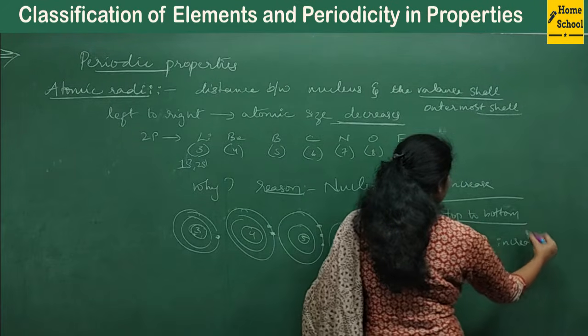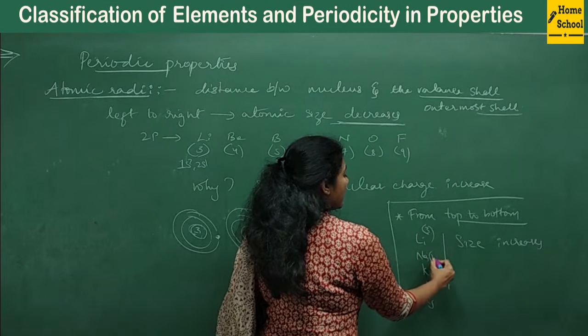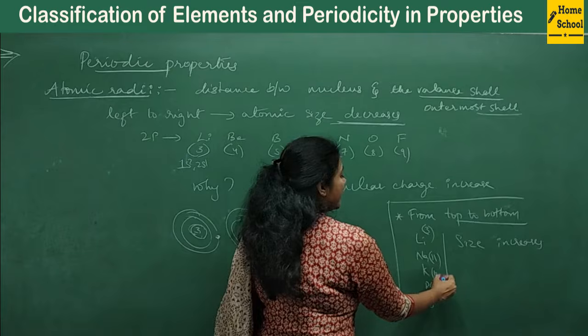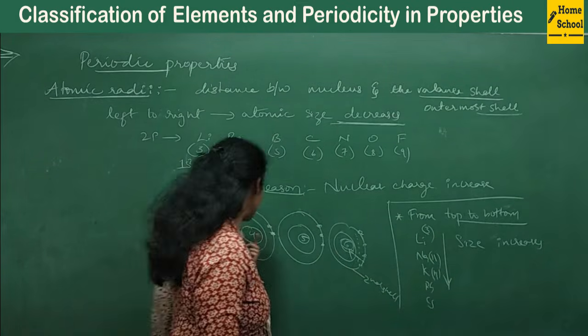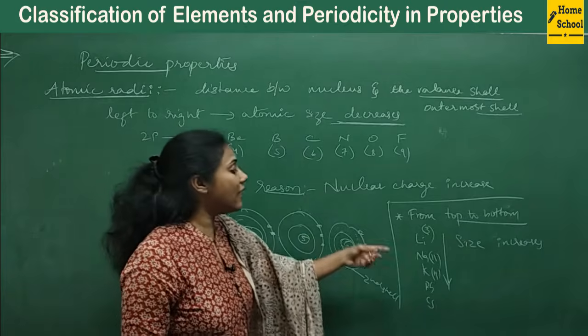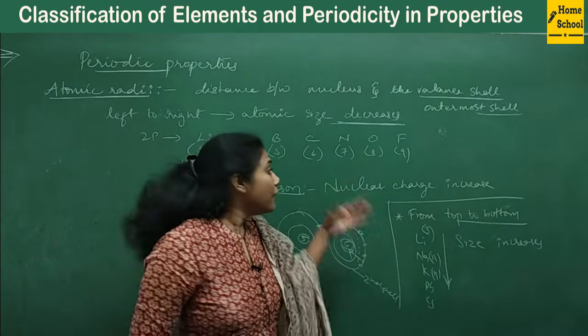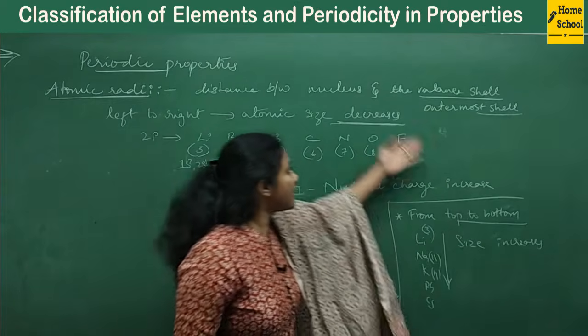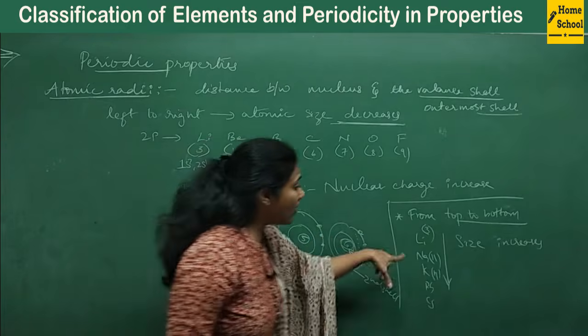This is really very important. Lithium's atomic number is 3. Sodium's atomic number is 11. Potassium's is 19. So you would ask me, here also atomic number is increasing. That means the number of protons inside the nucleus increases. Nuclear charge increases. If nuclear charge increases, what should happen? The size must decrease, right? But here what is happening?